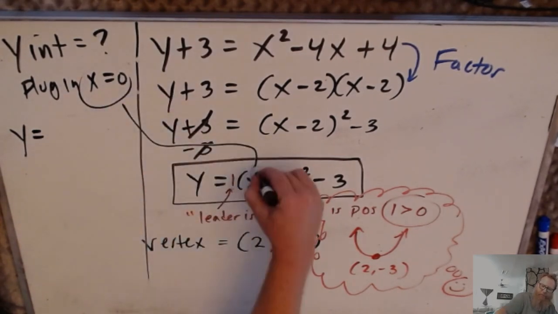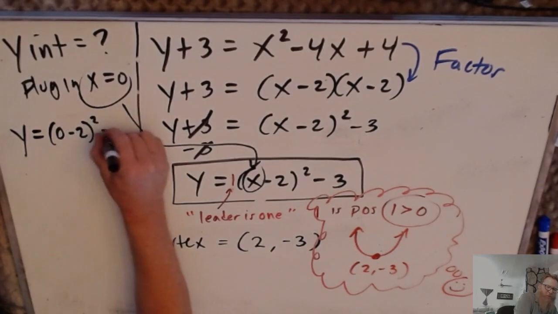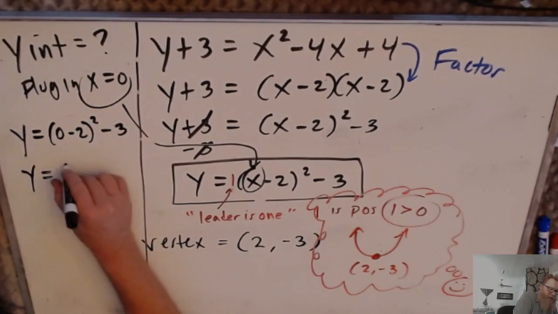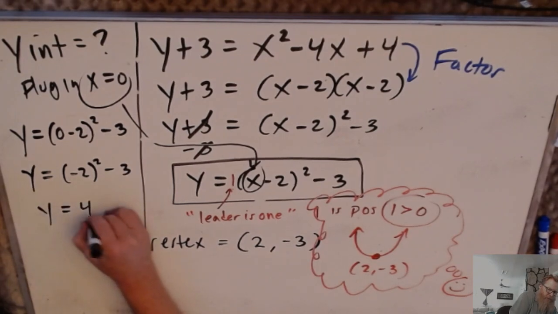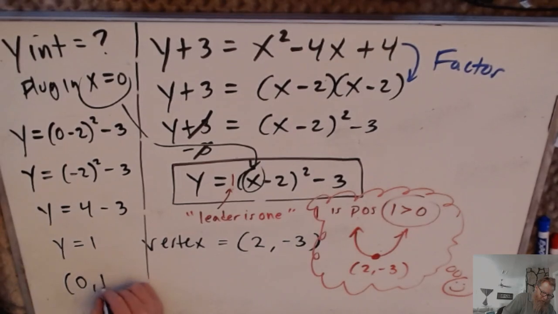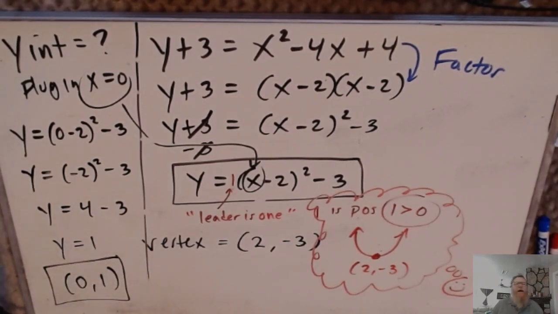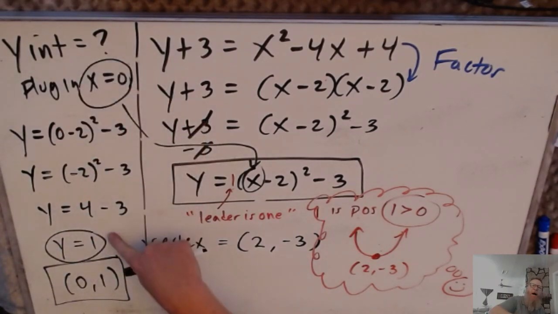You get 0 minus 2 squared minus 3. Negative 2 squared minus 3. 4 minus 3, which is 1. So the y-intercept is 0, 1. x is 0, y is 1. So 0, 1.